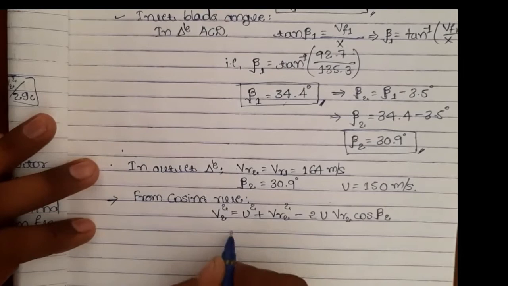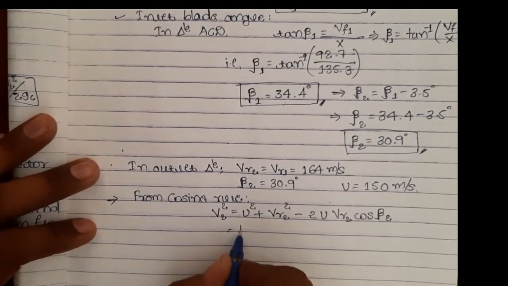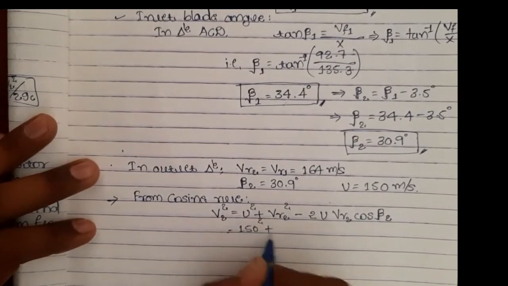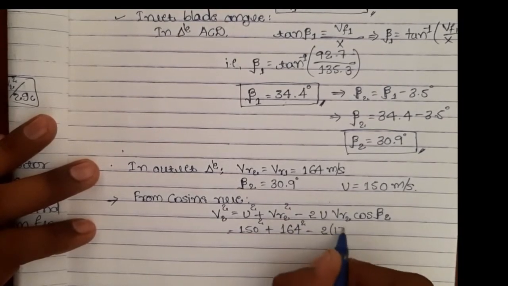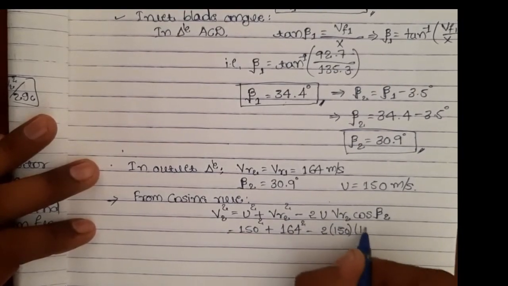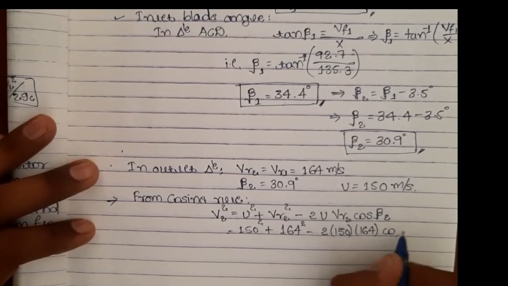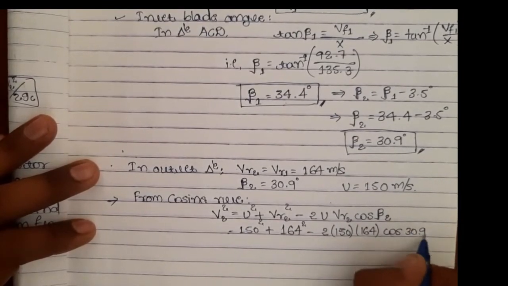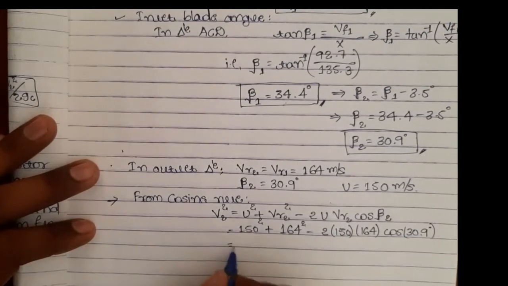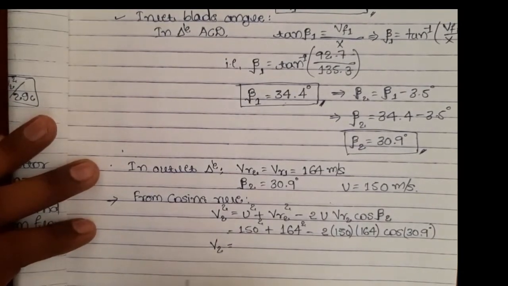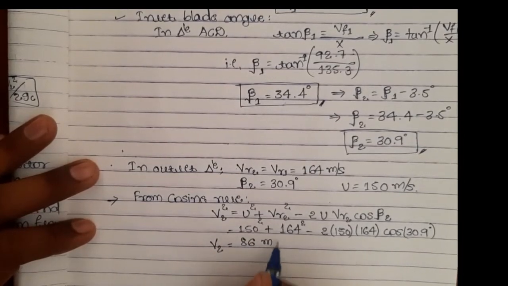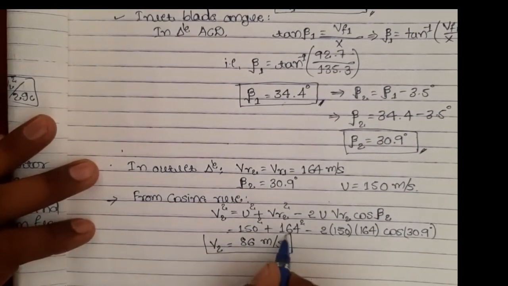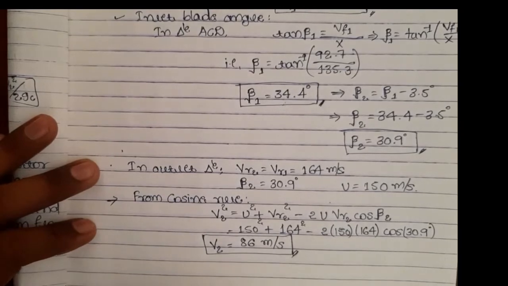So substituting, we shall get 150 square plus VR2, which is 164 square, minus 2 into 150 into 164 into cos 30.9, right? So V2 should be 86 meter per second. Now we know the value of V2.